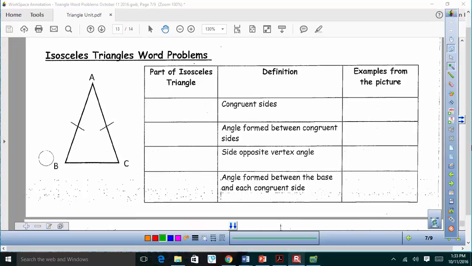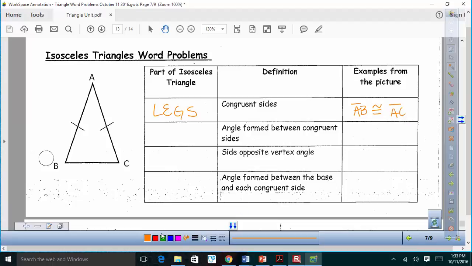isosceles triangle word problems. Okay, so there's some terminology that we want to know. First off, our congruent sides are going to be called legs. Okay, and if we're looking at this picture, which two sides are congruent here? So AB and AC.